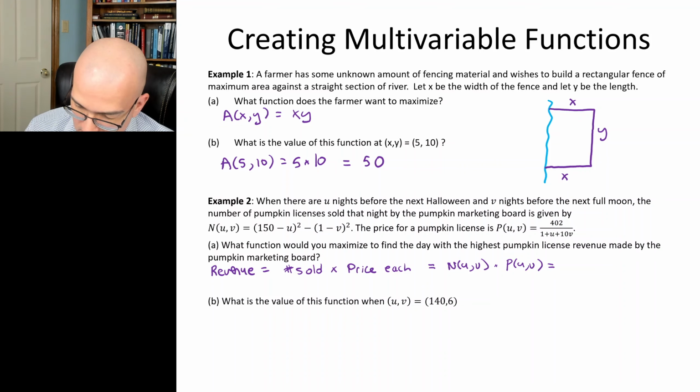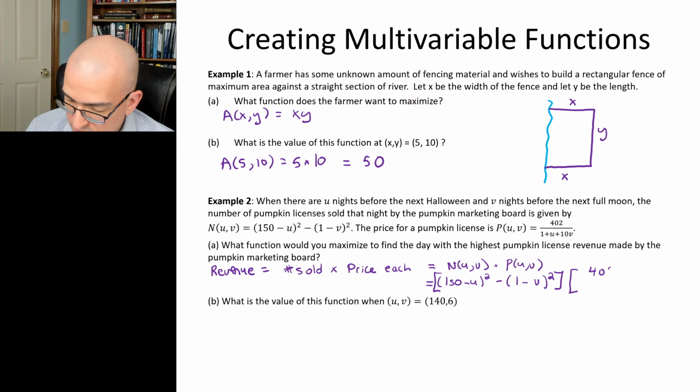So I'm just going to plug all this stuff in. N of u comma v, 150 minus u all squared minus 1 minus v all squared. And then I'm going to put big brackets around that. That gets multiplied by the price function, 402 divided by 1 plus u plus 10v.